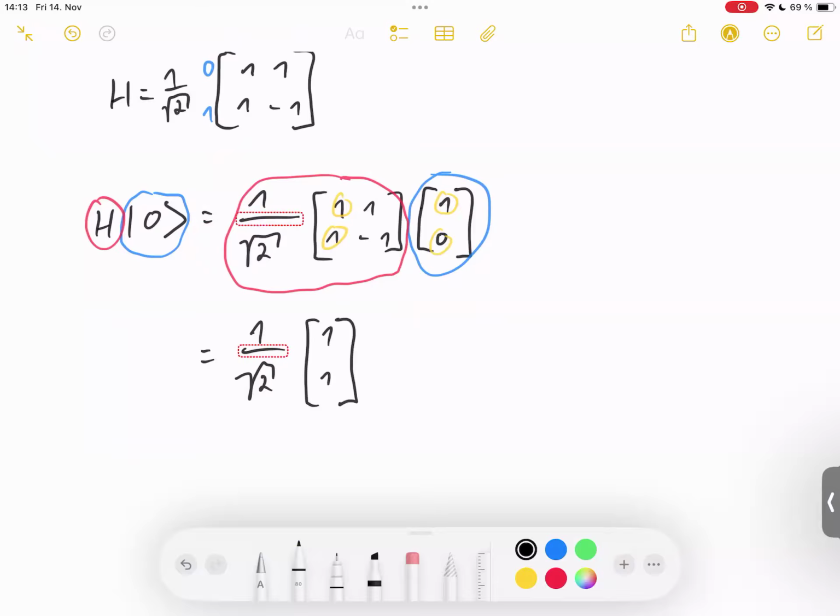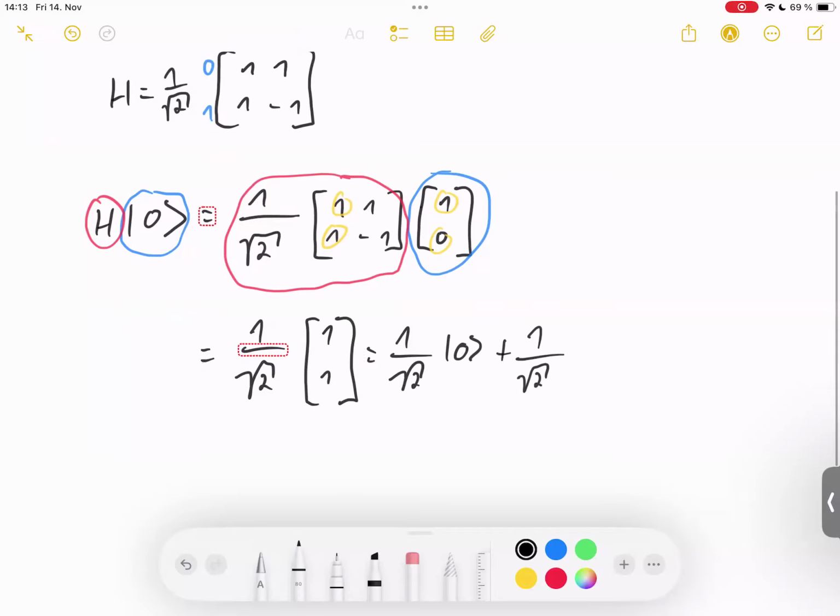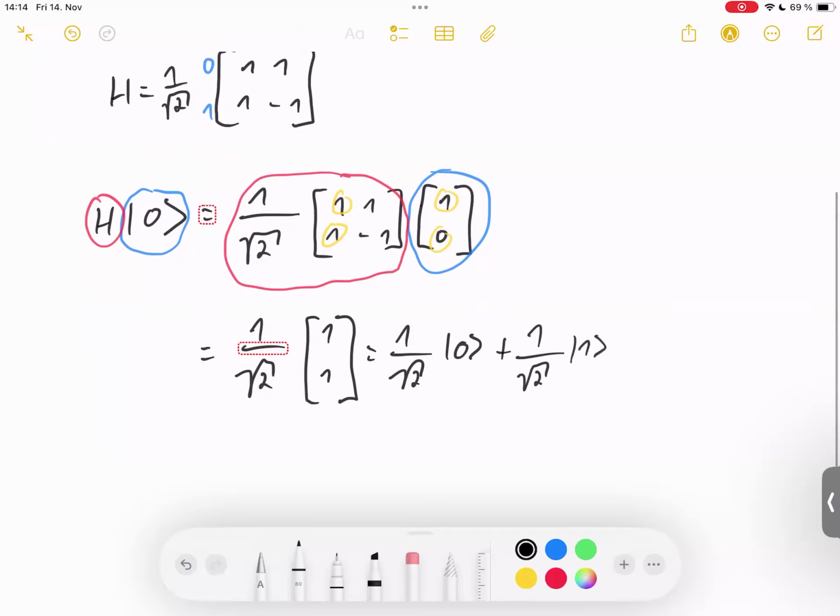We have seen this many times before, and we have seen how we can write it in many ways. So we could write 1 divided by the square root of 2 times 0 ket plus 1 divided by the square root of 2 times 1 ket, because we have the 0 ket here, and the 1 ket would stand for this.